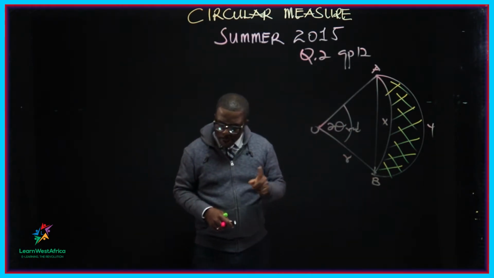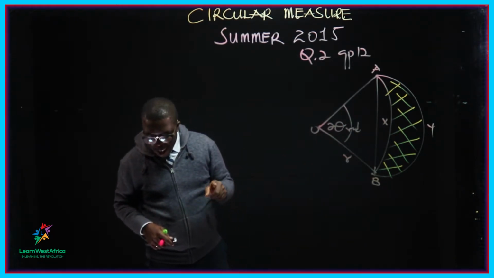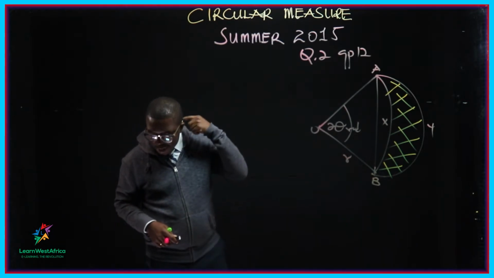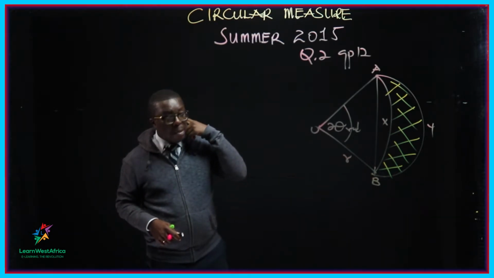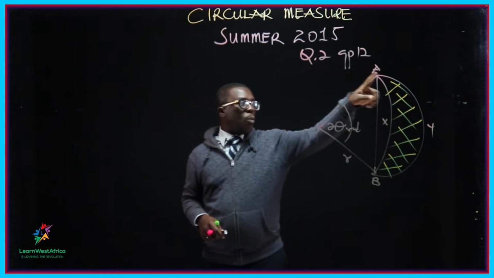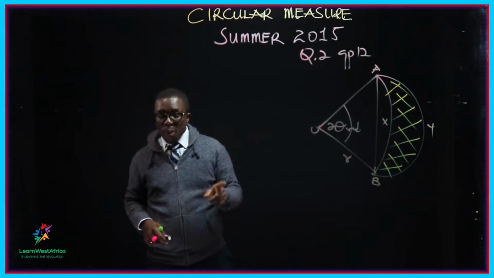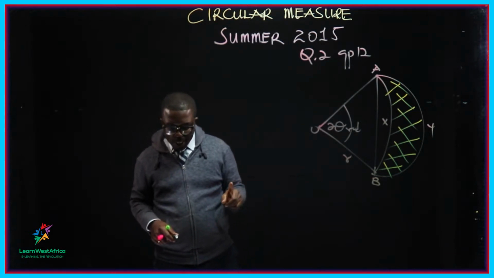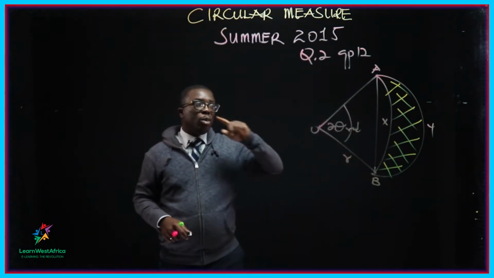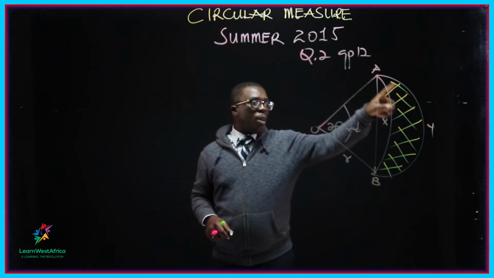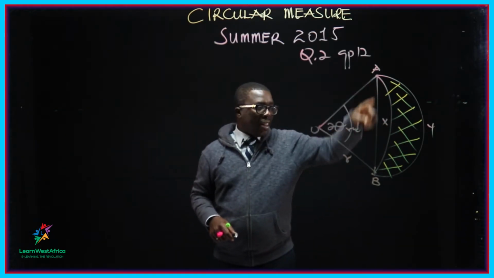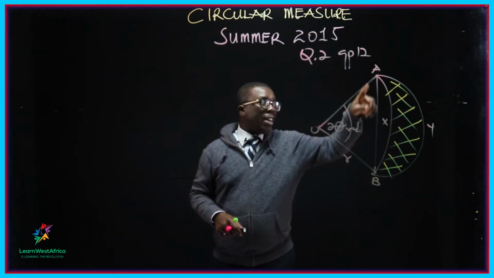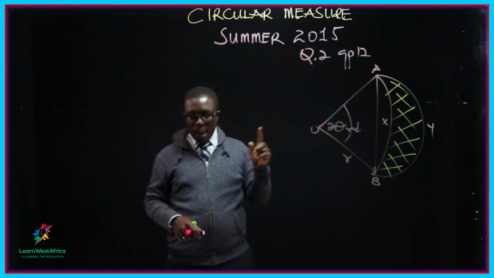Now the problem also mentions that AYB is a semicircle with center O, a semicircle with AB as its diameter. So if AB is the diameter, then AYB is the semicircle coming from there.